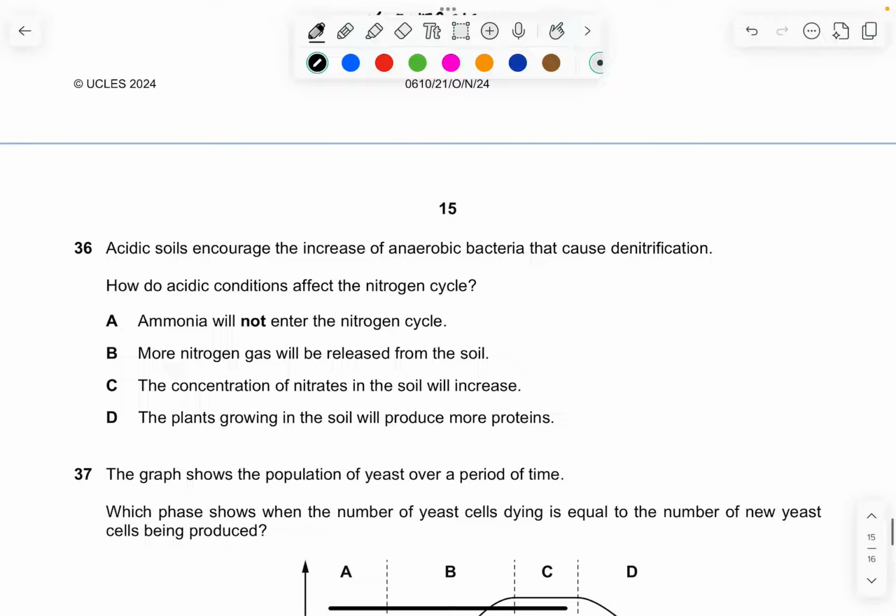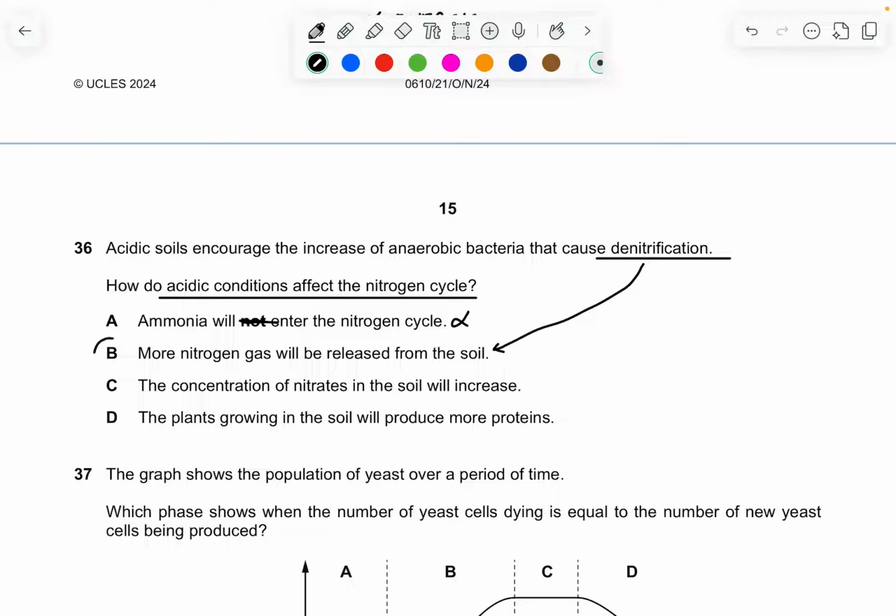Going back to this, how do acidic conditions affect the nitrogen cycle? Ammonia will not enter the nitrogen cycle. This is wrong, they will enter. More nitrogen gas will be released from the soil. Yes, because of denitrification, this totally corresponds to statement B. So B will be correct.